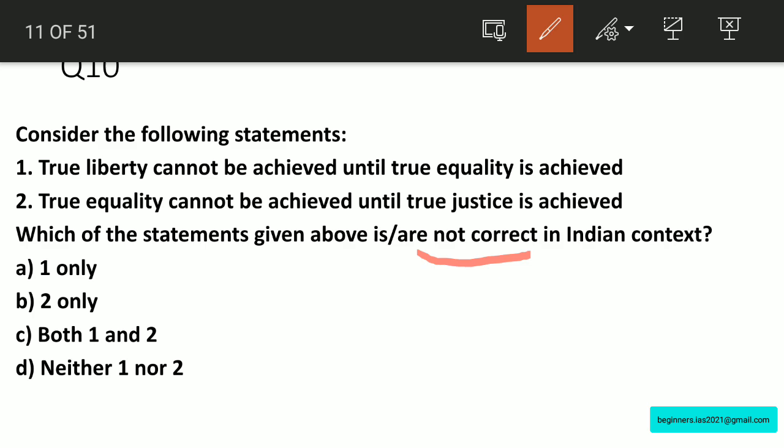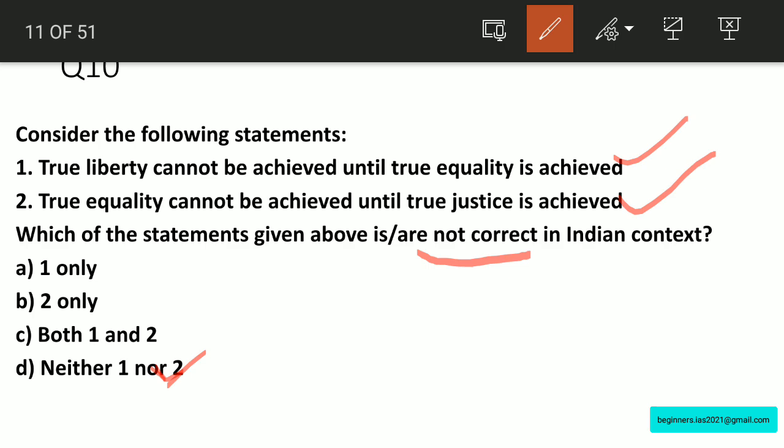Both given statements are correct, so the answer for the question is D, neither 1 nor 2. That is, both the statements are correct here. Without equality, liberty would produce the supremacy of the few over the many, and also deepen already existing inequalities in the society, which would in turn curtail the liberty of others.